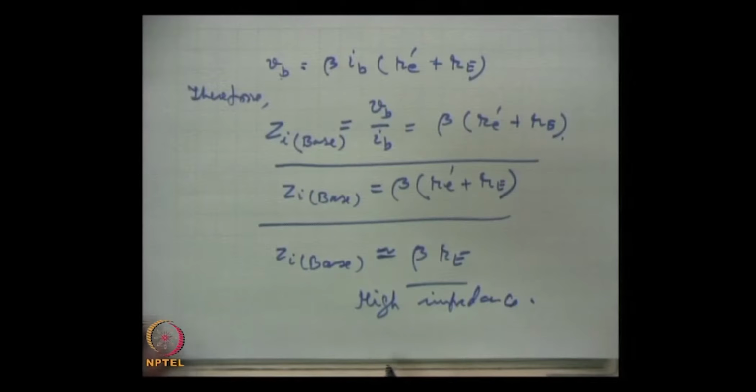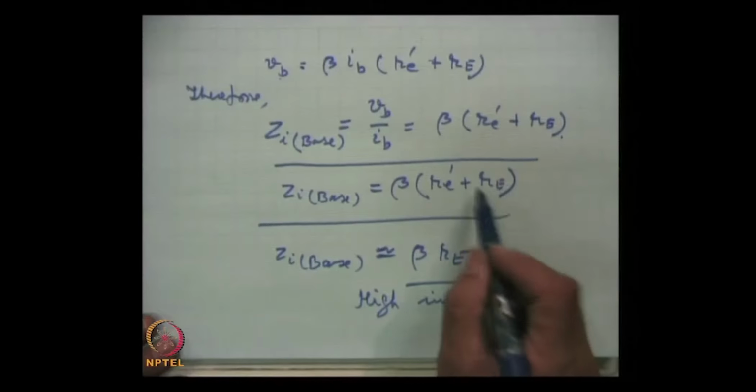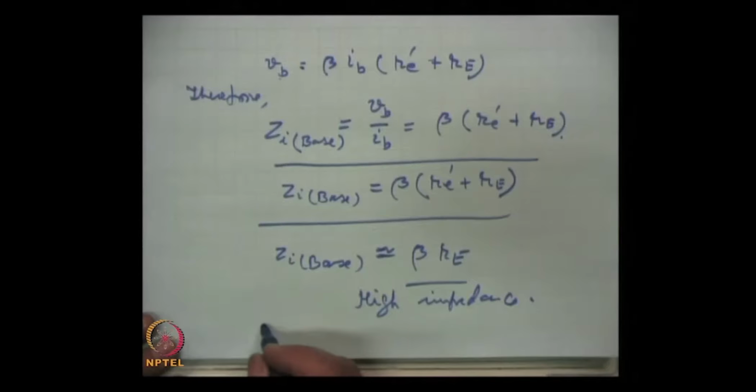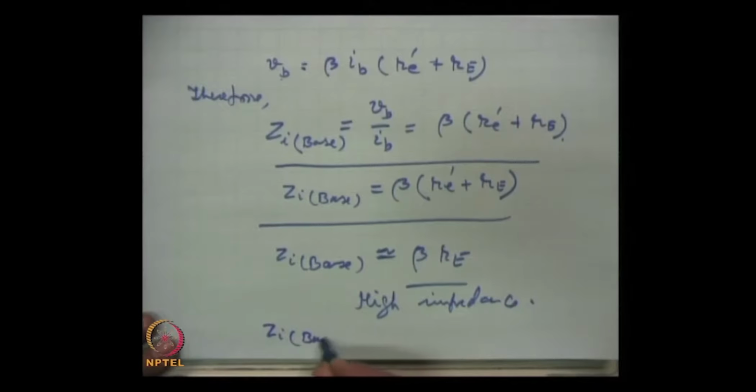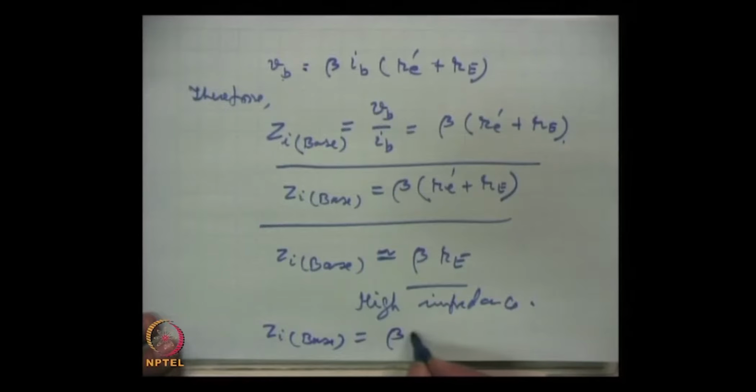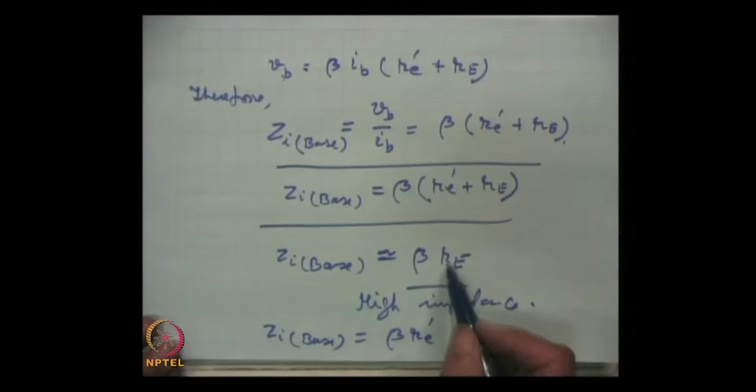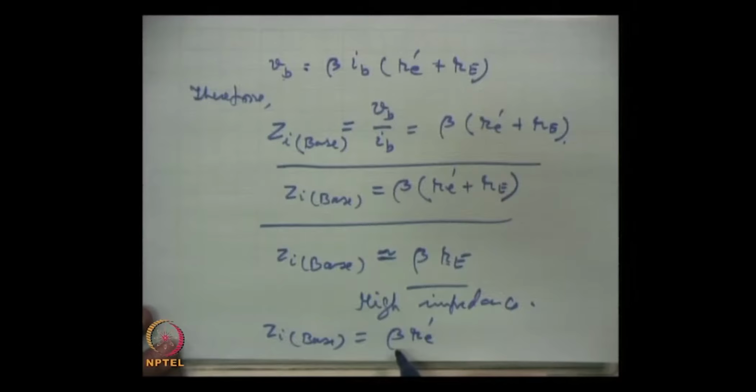And if we bypass R E completely, then Z I base will be reduced to beta R E prime. Now, this is a few tens of ohms, and beta is of course high, it may be 50, 80, 100. So, this is certainly not as high, but the problem is that this parameter being temperature sensitive, this impedance will keep on changing as temperature changes.